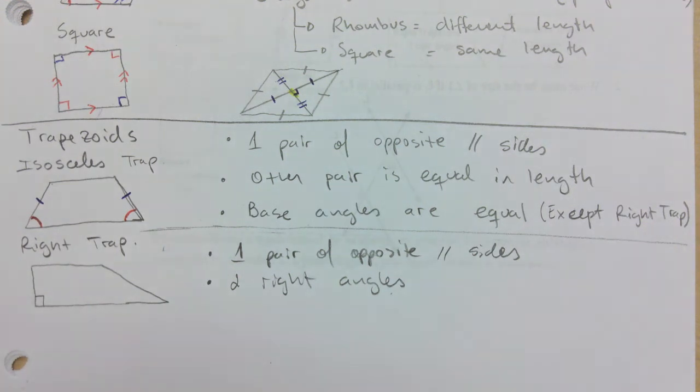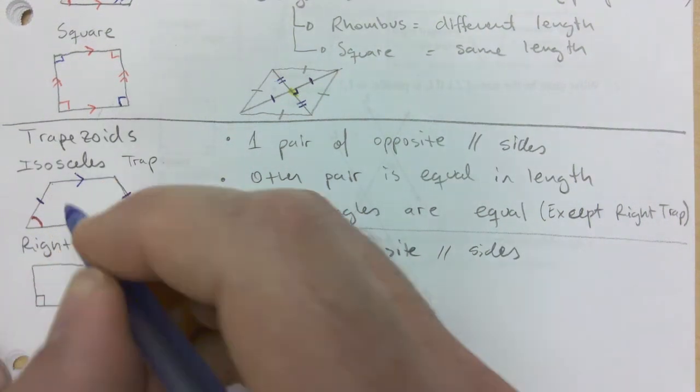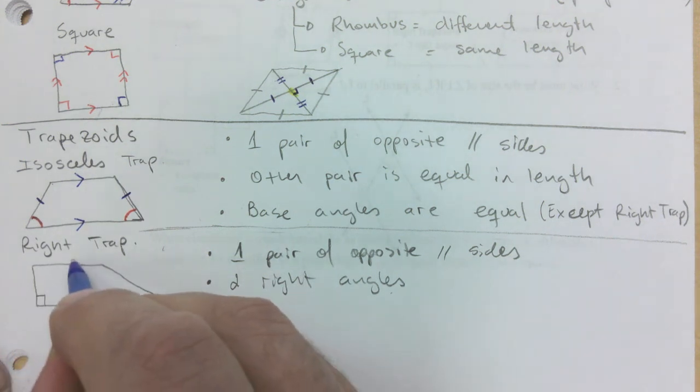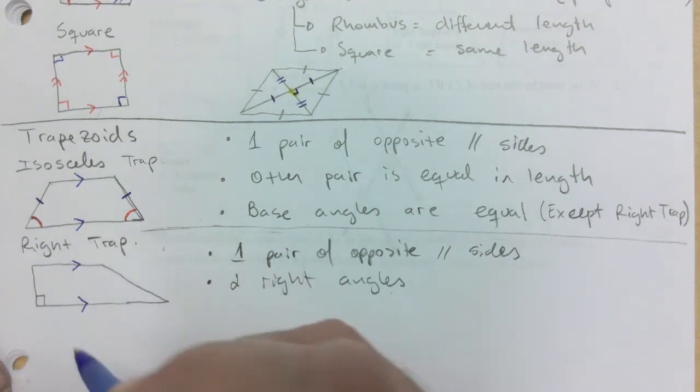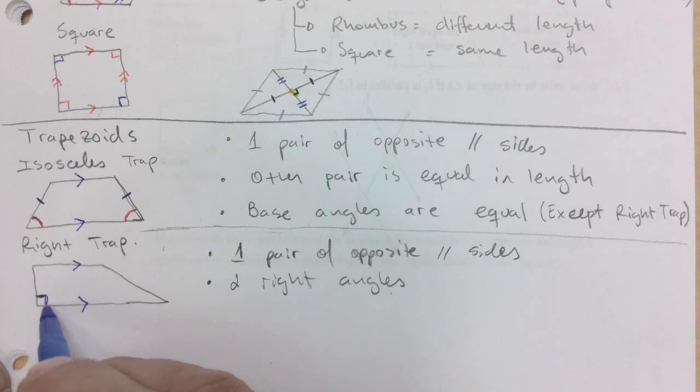Those two sides are equal. We know that this side is going to be parallel to that side. Same here. This side is parallel to that side. That's about it. And then you have your 90 here, of course.